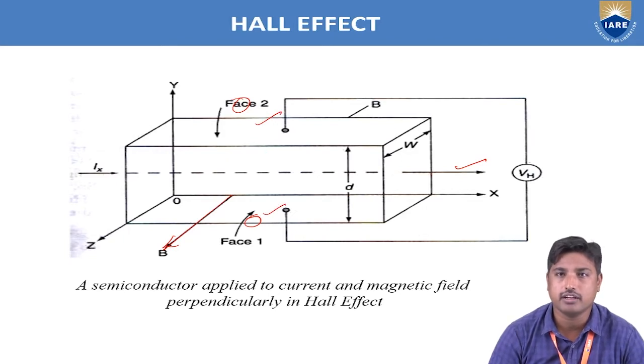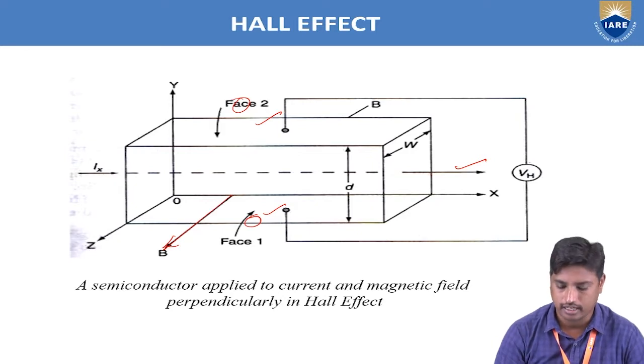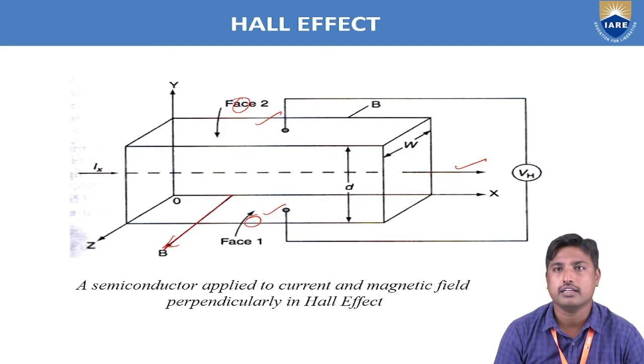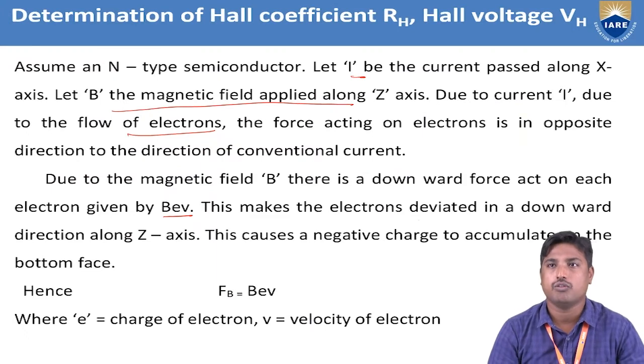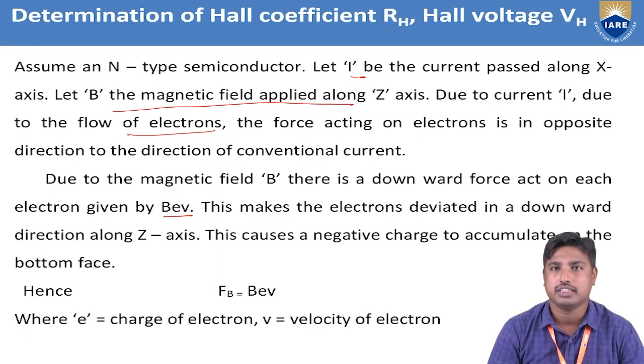The magnetic force acts on the electron in the downward direction, and at the same time an electric force acts in the opposite direction on the electrons. By considering these two forces, we derive the various equations here. We are finding the Hall voltage and Hall coefficient also.